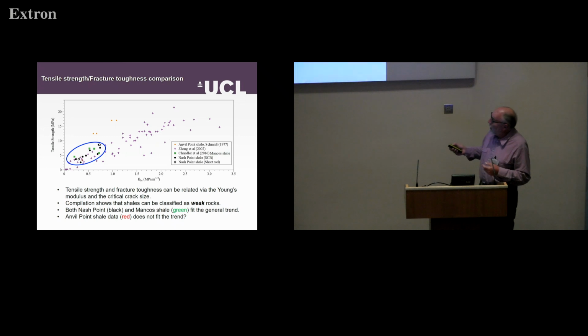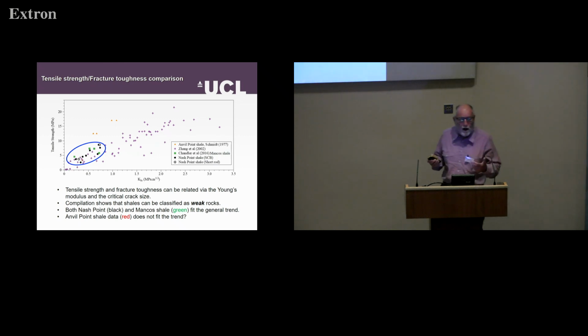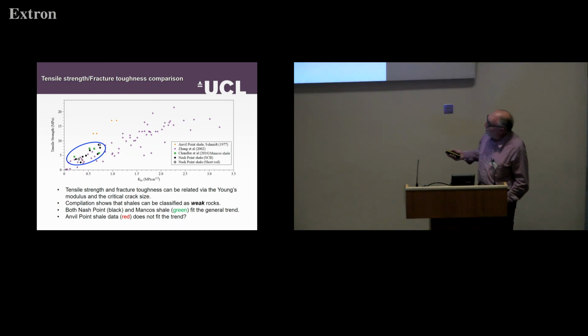I've plotted our data, which all come within this ellipse down here, on a plot superimposed on this plot from Zhang et al. 2002, where they compiled a whole set of tensile strength versus fracture toughness data for a whole range of rock types, from data they obtained from the literature, and you get a quasi linear trend.